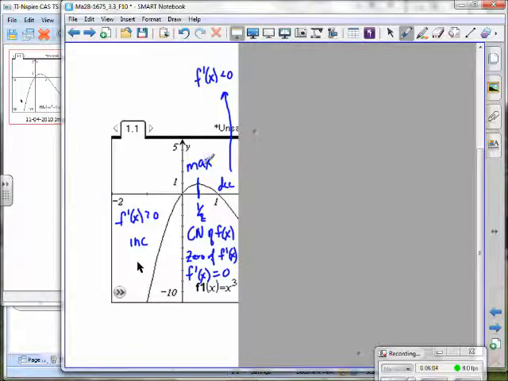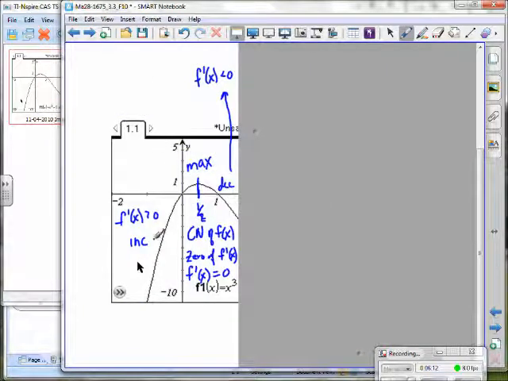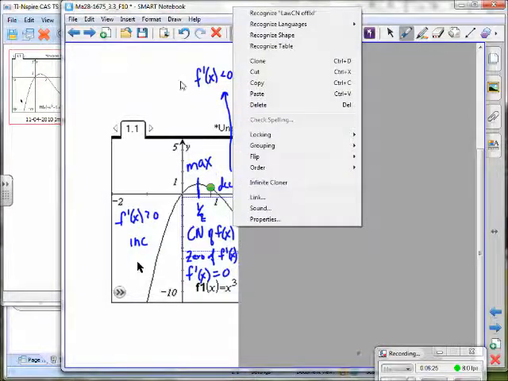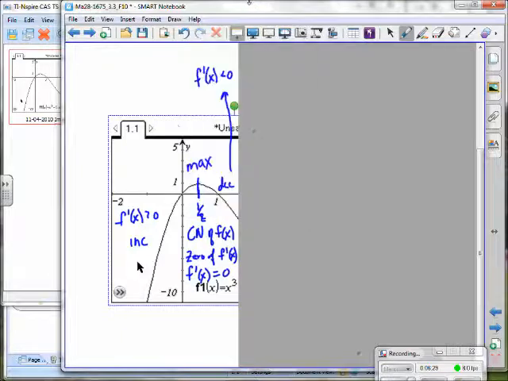Now, there's something very significant about this critical number of the function, this maximum here. That critical number is a point where the function changes direction. It changes from being increasing to being decreasing, from going uphill to going downhill.